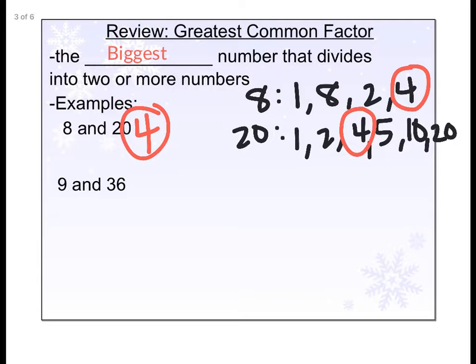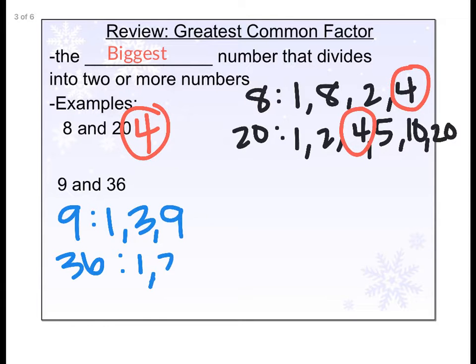Same thing applies when we look at 9 and 36. For 9, I have 1, 3, since 3 times 3 gives me 9, and then 9. For 36, I have more. 1 works. So really you're thinking about what numbers divide evenly into 36.